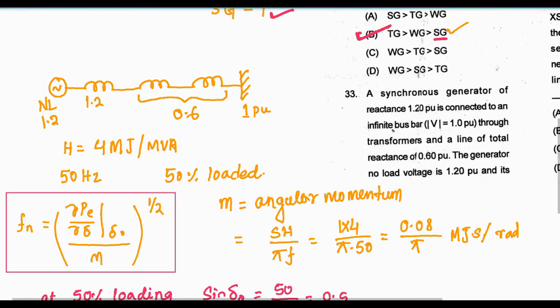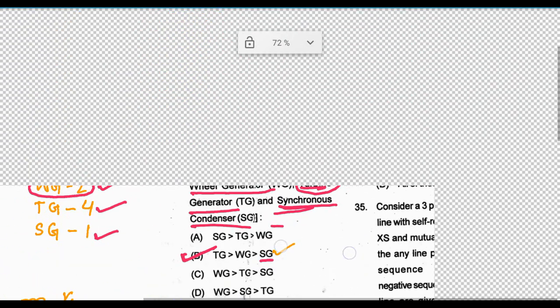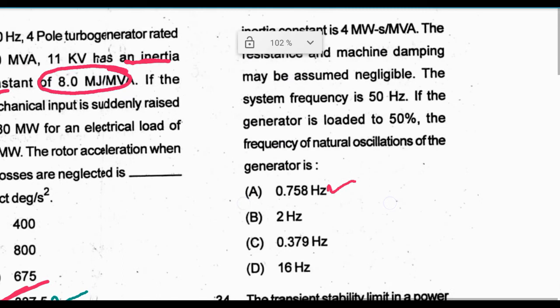Next question: a synchronous generator of reactance 1.2 per unit is connected to an infinite bus, V mod equal to 1 per unit, through a transformer and line of total reactance 0.6 per unit. The generator no-load voltage is 1.2 per unit, and its inertia constant is 4 megawatt second per MVA.